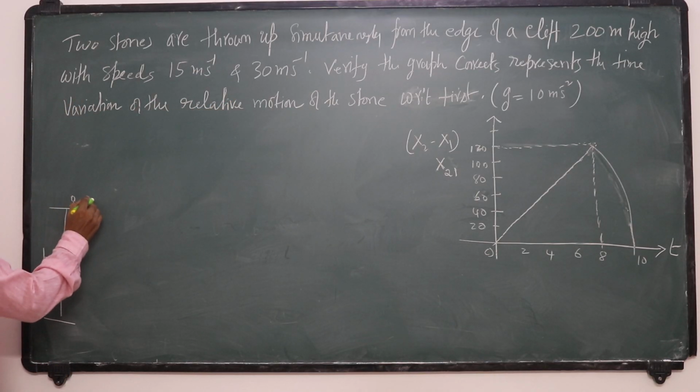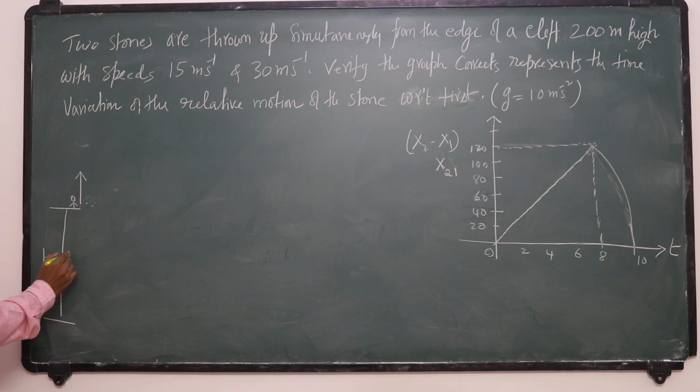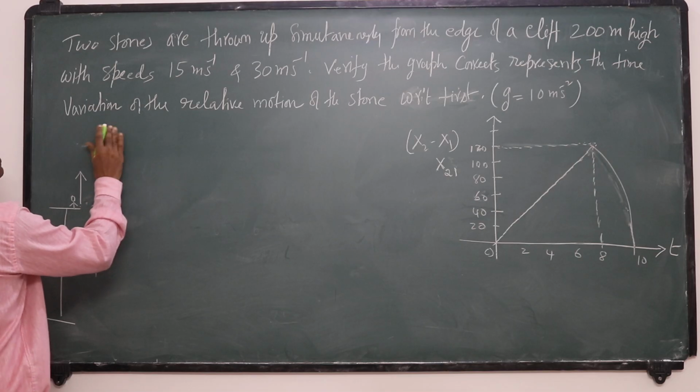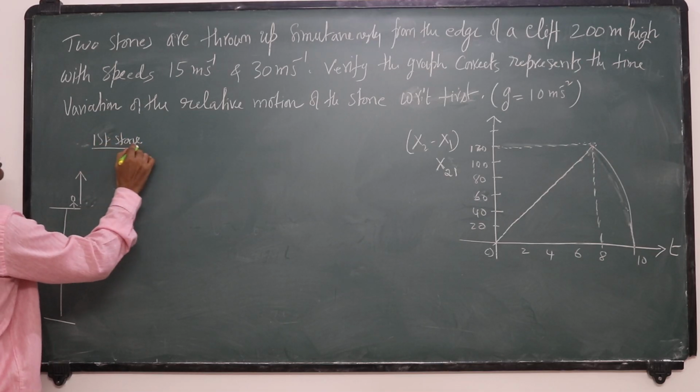He projected the two stones simultaneously with different speeds. Height is 200 meters. So initial velocity for the first stone, and for the second stone.